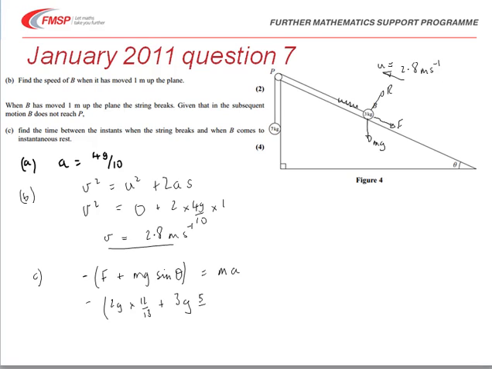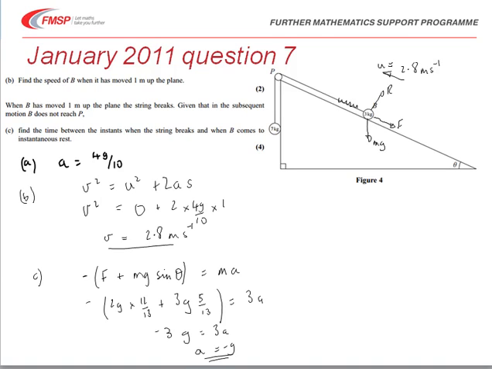I beg your pardon, 5 over 13. And that was equal to 3a. Now this bracket we calculated earlier, and of course it was equal to 3g. So we have that minus 3g is equal to 3a. So that tells us that the acceleration in this part of the question is just going to be minus g.